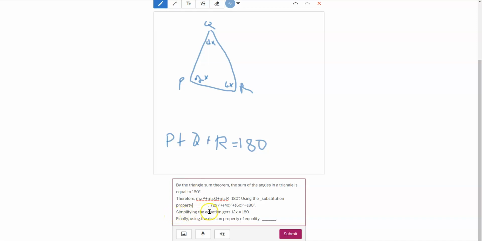Simplifying the equation gets us 12x equals 180 degrees. Finally, using the division property of equality, we show that x does equal 15.